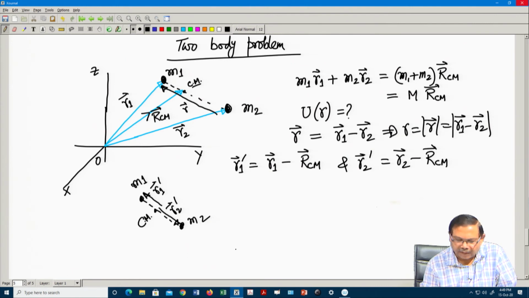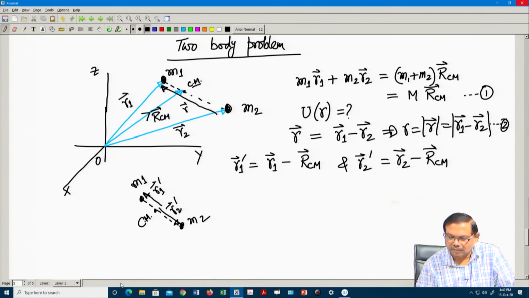Okay. So, now we have two relationships, this is equation 1 and this is equation 2. Using these two equations, we can write r1, r2 in terms of r, etcetera.